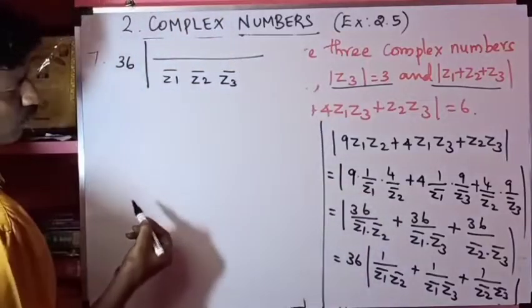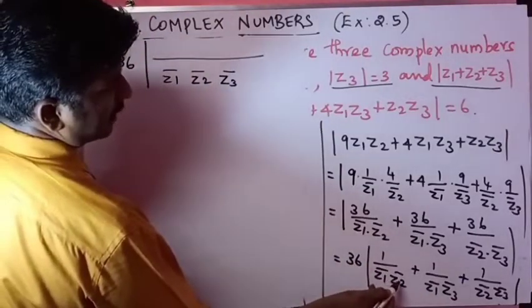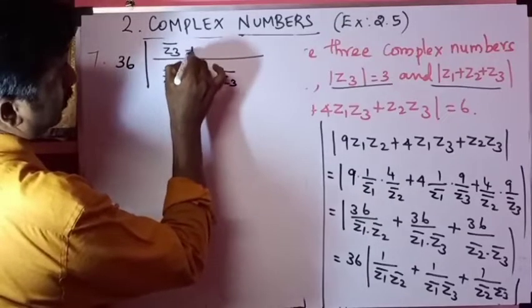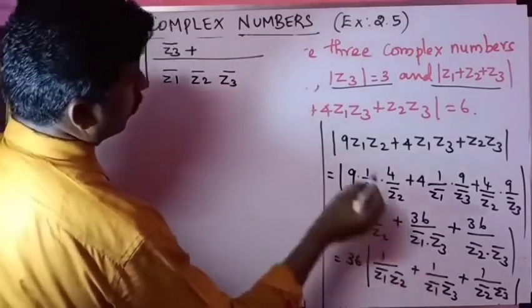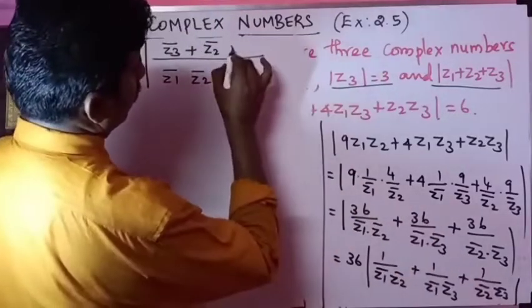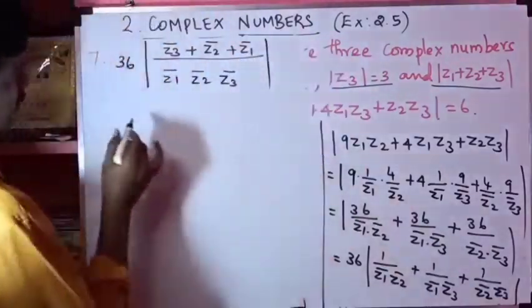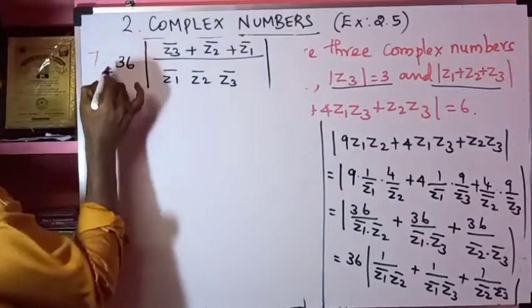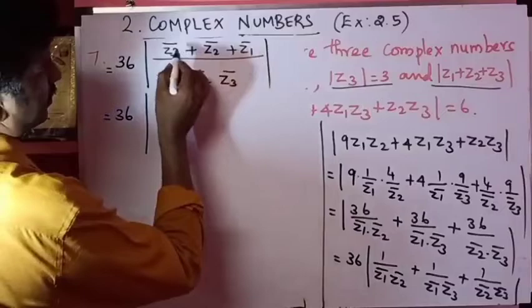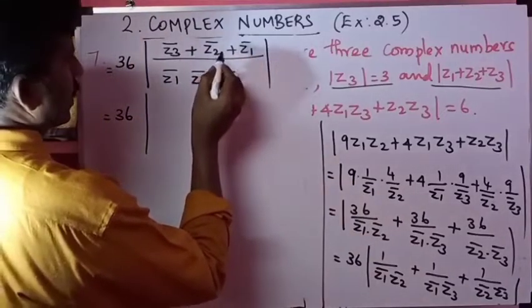Now what comes in the numerator? Here we have z1 z2, and z3 is what we multiplied, right? So here z3 bar. Here we have z1 z3, so z2 bar, right? Here we have z2 z3, so z1 bar, right? So this is equal to 36 times z3 bar plus z2 bar plus z1 bar.